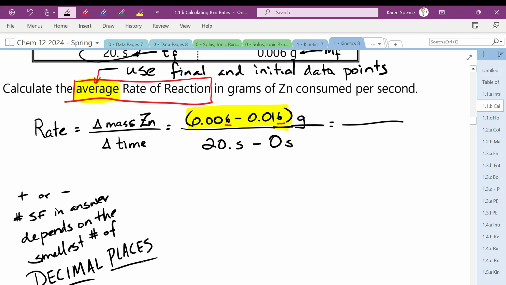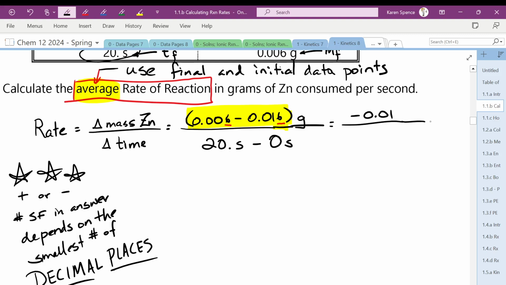Okay, so that's a little tricky because we don't use that rule as often, so it is important to remember. If we take 0.006 and subtract 0.016, my calculator says negative 0.01, which looks like 1 sig fig.